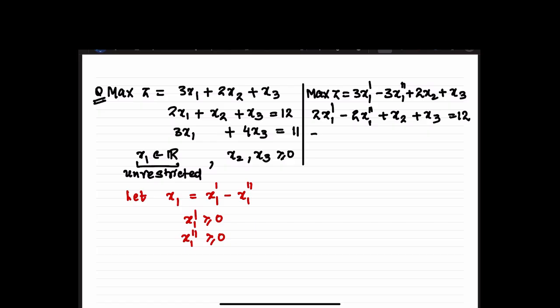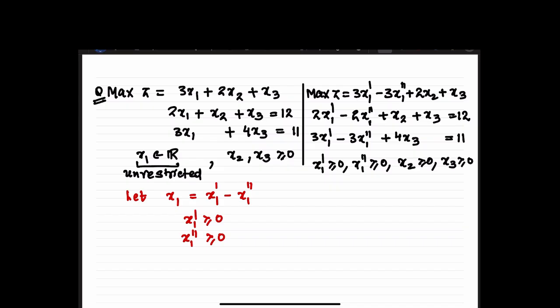The next is 3x1 dash minus 3x1 double dash plus 4x3 is equal to 11. The variables are now x1 dash, x1 double dash, x2, x3, all non-negative. So this is the replacement that you have to do.